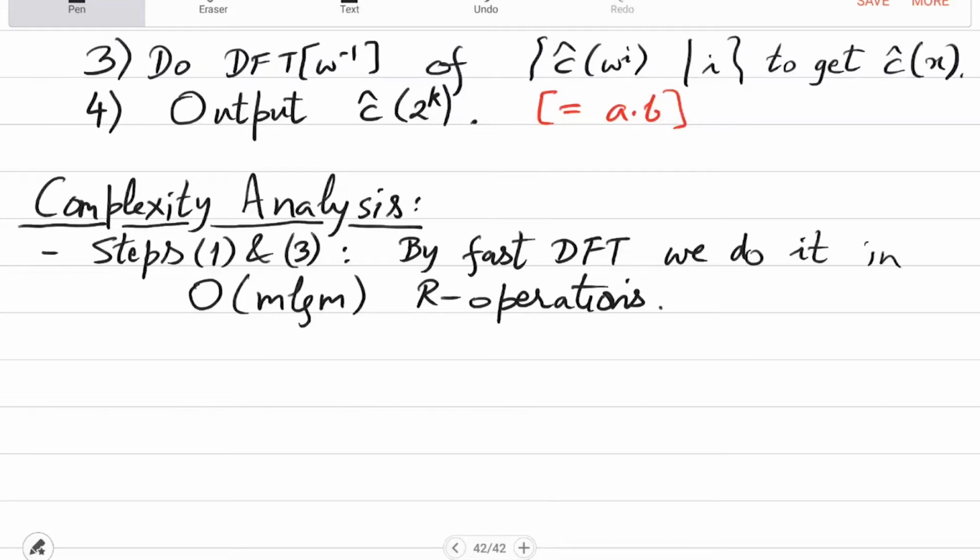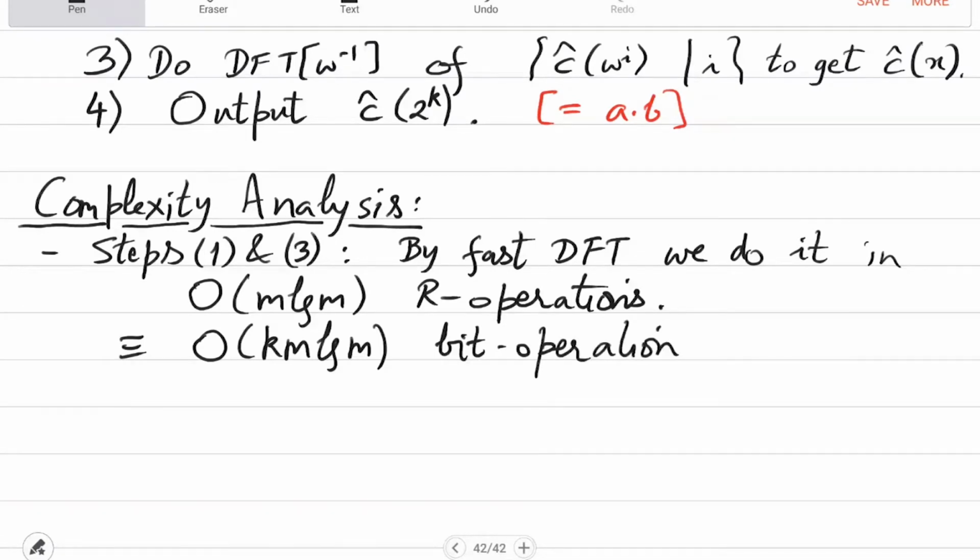So everything is a simple sum except multiplication by omega to the I. But that also is very simple arithmetic in this ring. That is just a game in the exponent, so that also reduces to addition. So in our case, it's k m log m actual time. So km is L, so this is actually L log L.